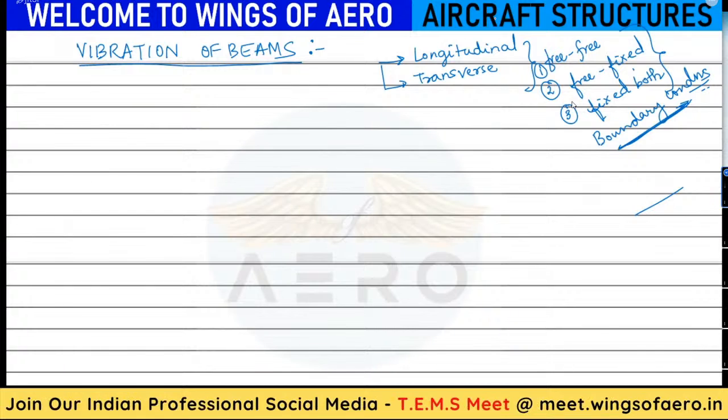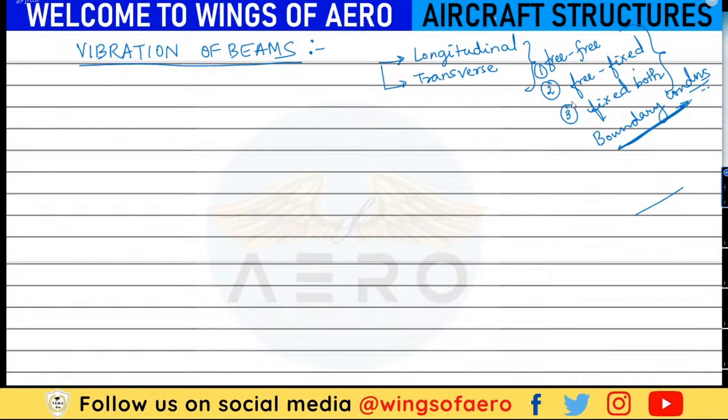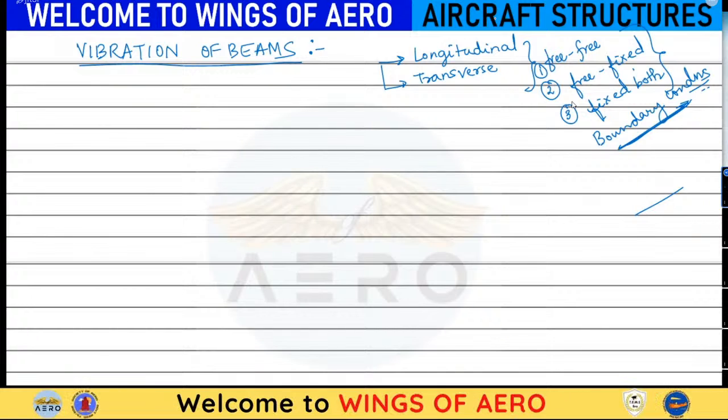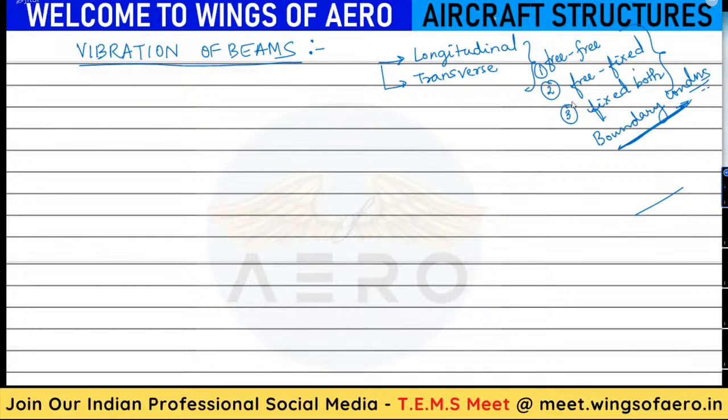When we talk about some kind of cross section, when the length is much longer compared with the cross section, or I can say the breadth and the height, we will have to identify this as the transverse vibration of the beam.